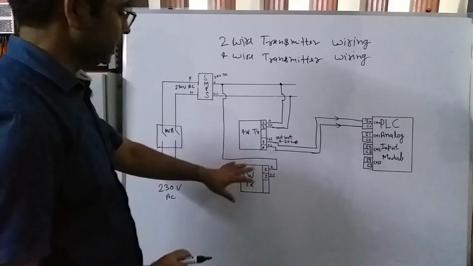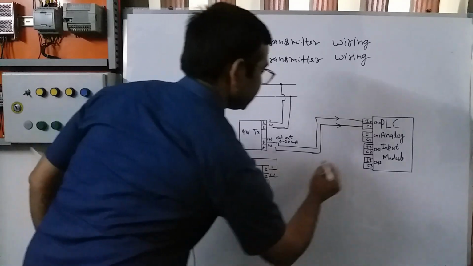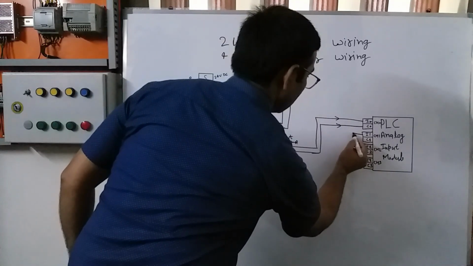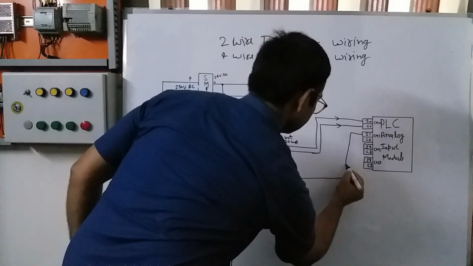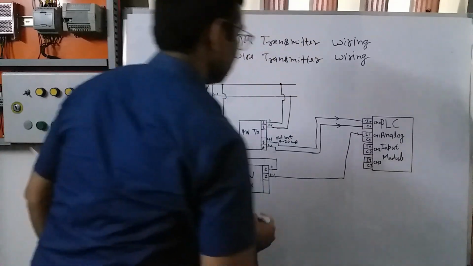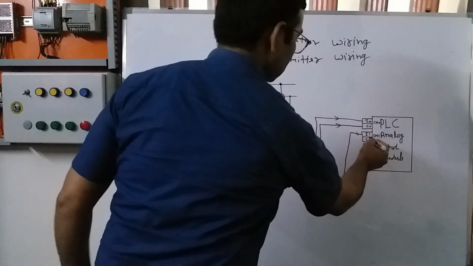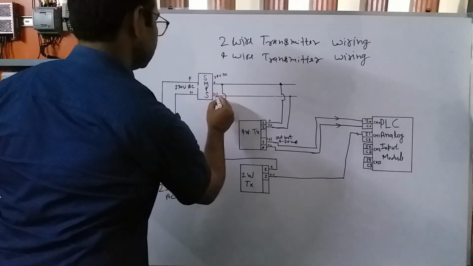The negative wire of the transmitter will become the positive wire of the PLC, meaning it will go to the input of the PLC. The negative wire of the PLC will be directly connected to the SMPS common negative.